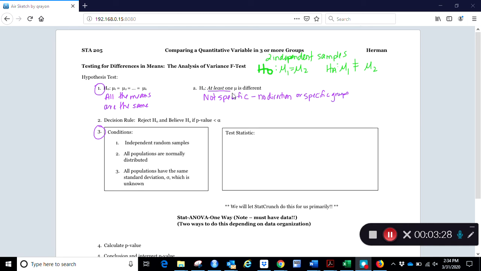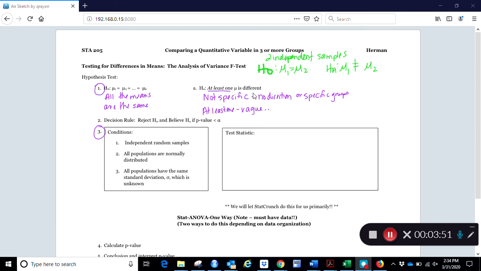Right, so at least one being different. So all of them could be equal to each other, but just one of them could be different. All of them could be different from each other. So it's very vague.